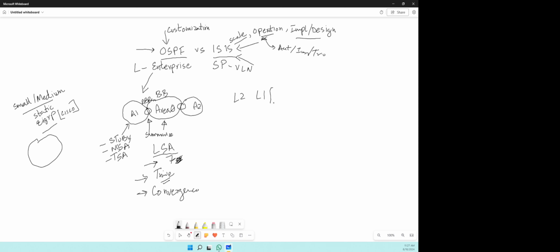Level 1s are similar to stub area routers in OSPF. Stub means that there's no transit, so they're like stub network routers, no transit. And L2s are more like transit core routers.